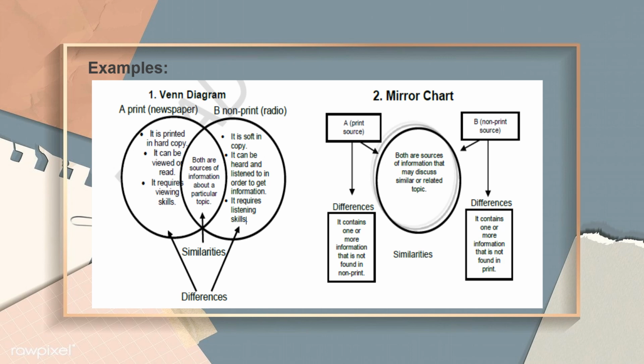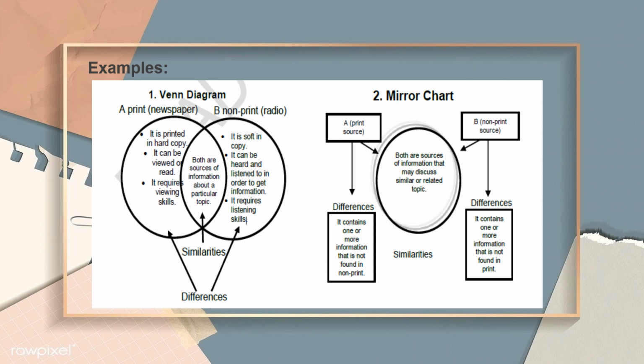And then for the non-print, which is the radio, it is a soft copy. It can be heard and listened to in order to get information. It requires listening skills. Now that is the differences. Now we have here the similarities. Both are sources of information about a particular topic.